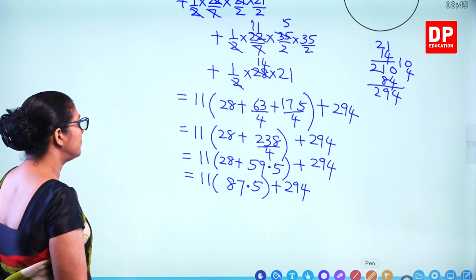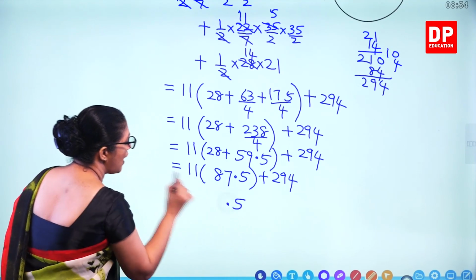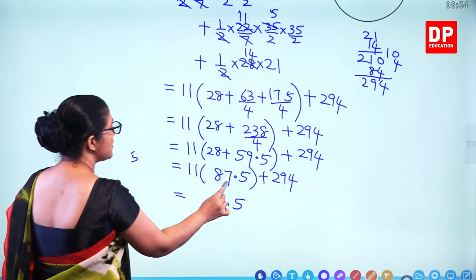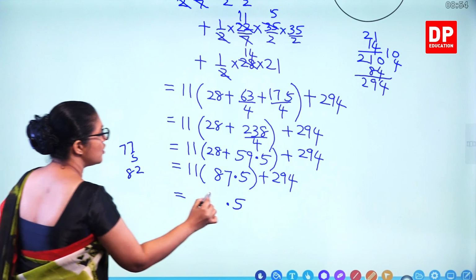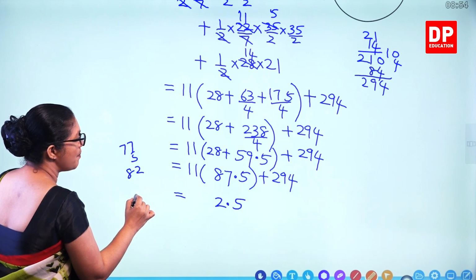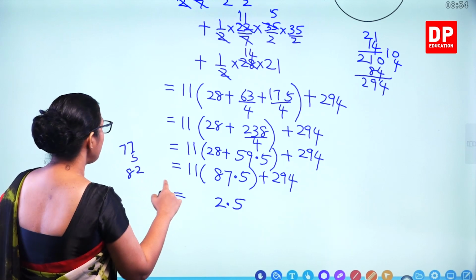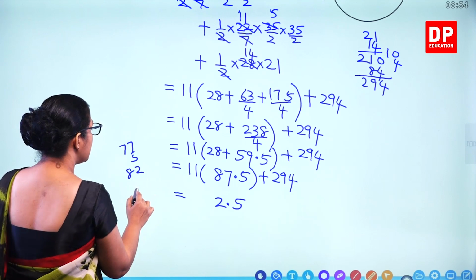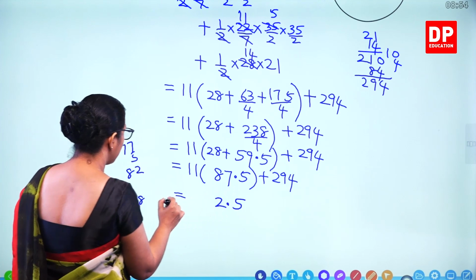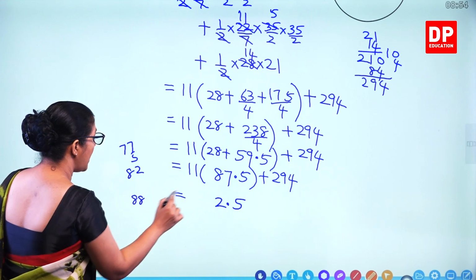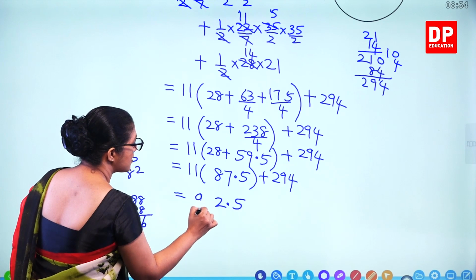Multiply by 11. 11 times 5, 55. 5 remaining. 11 times 7, 77. Plus 5, 82. 8 remaining. 11 times 8, 88. And you get 7. 88 and 8, 96.